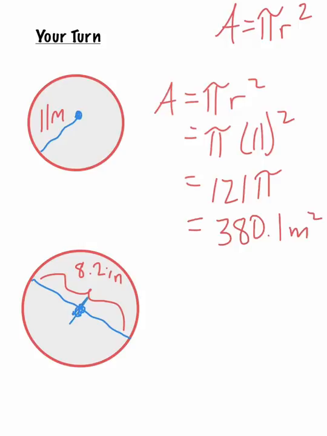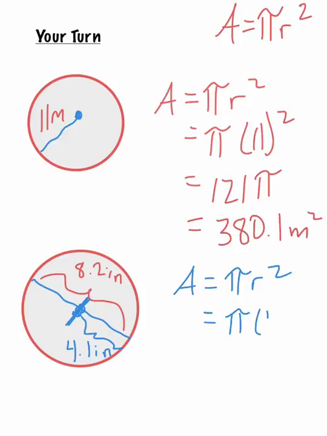For the second one, they give us a diameter, but we only need the radius. So we have to cut this in half. Half of this is 4.1 inches. So we have area equals pi times the radius squared. Take pi, plug in 4.1 for the radius, square that. 4.1 squared is 16.81 pi.